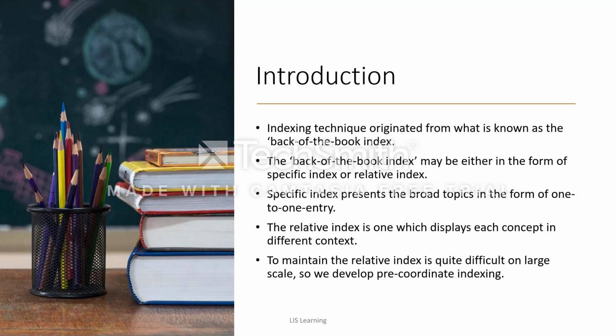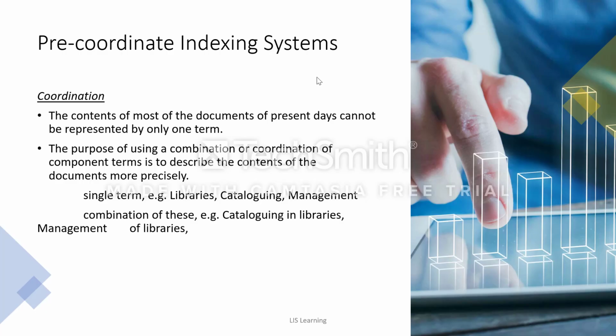So relative index is very unique to the text to which it points, and it is very difficult to maintain on a large scale. So subsequently we come across the pre-coordinate indexing technique. In the pre-coordinate indexing system, the important words are pre and coordinate. First of all, we understand what is coordinate.